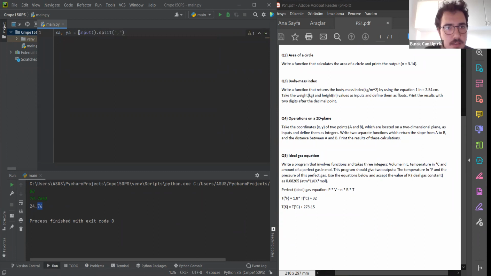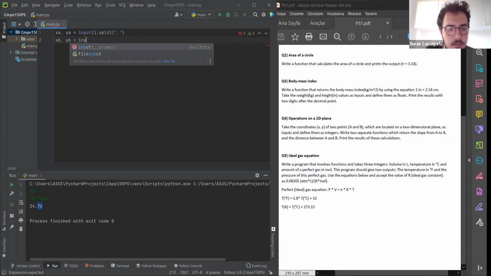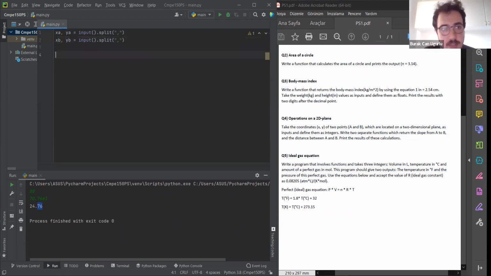So I am writing this dot split function here, and then we are taking the same x and y coordinates for the second one. And the question wants us to define them as integers. So I can do it directly like that.